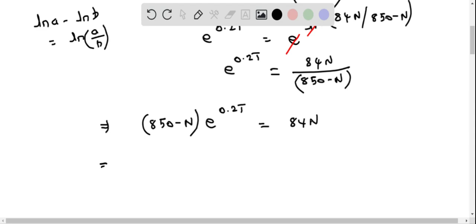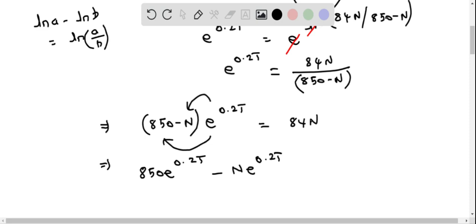Now let me distribute e raised to the power of 0.2t to these two terms. When I do that, I get 850 e^(0.2t) − n e^(0.2t) = 84n.